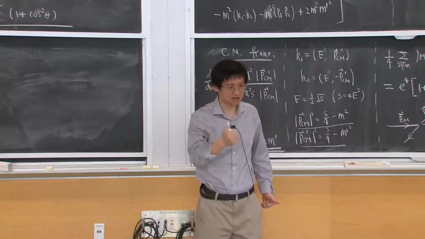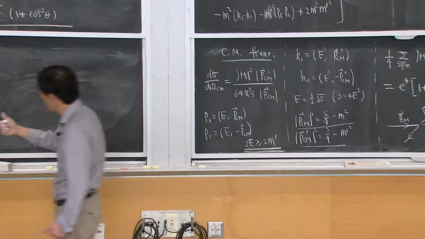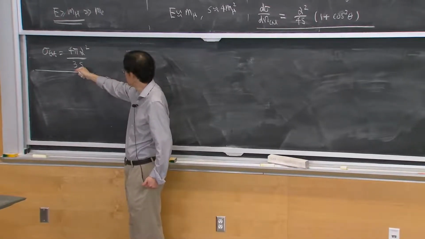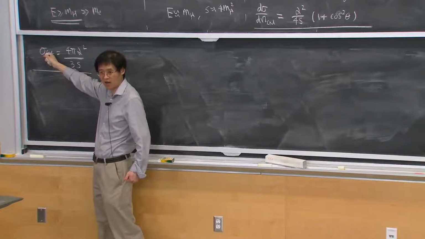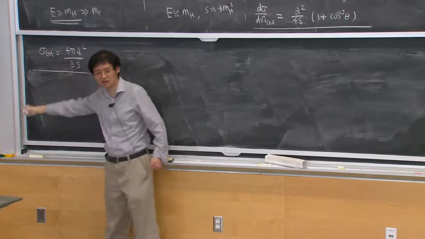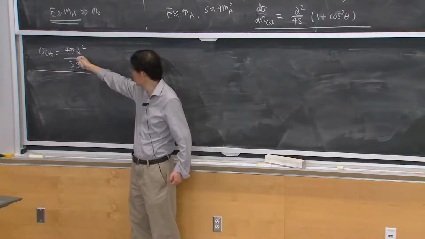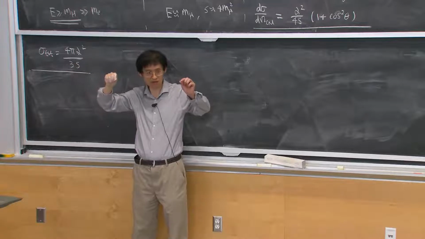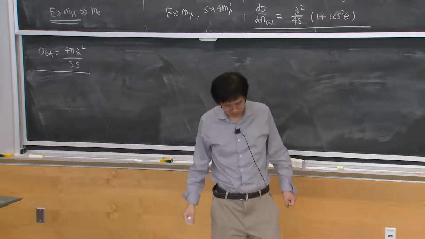The only scale is S. That's the only scale, and this should have dimension area, so there should be 1 over S, and then alpha square just comes from because we have 2 vertices, from a tree level process.